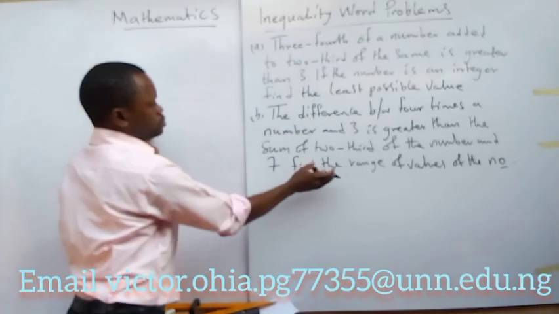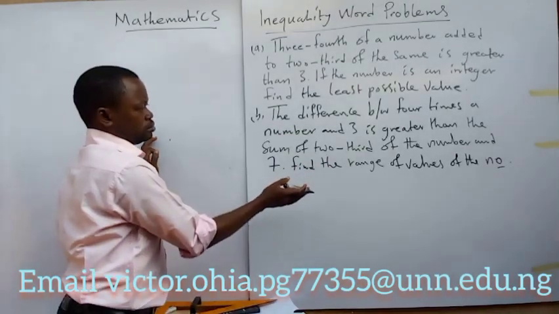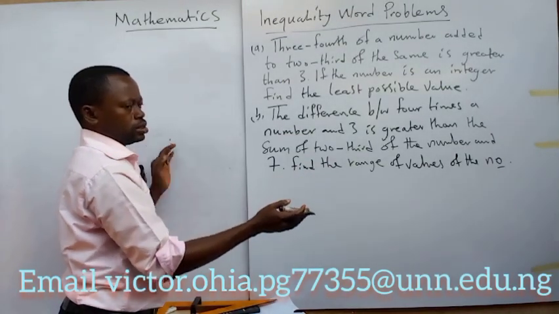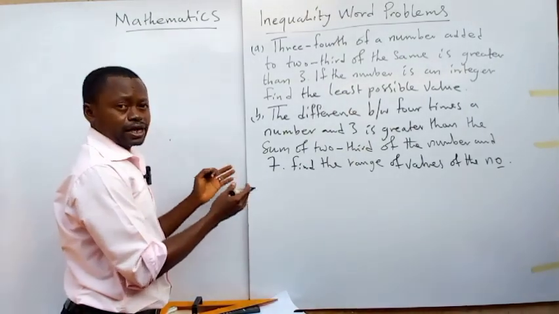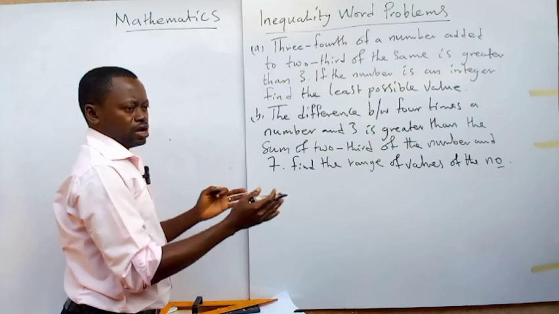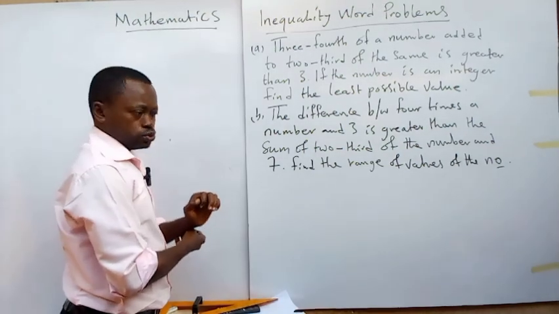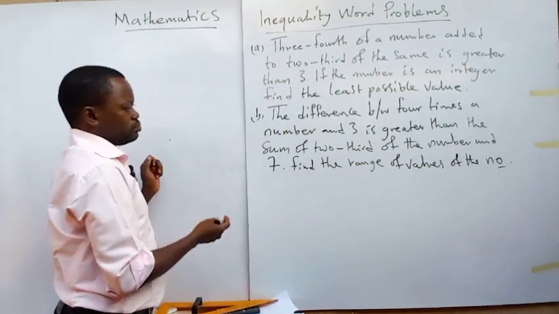Now, I don't know the nature of the questions you are going to be facing out there, but I'm thinking that this can guide you to have a picture of what you should do when you have a problem like this.